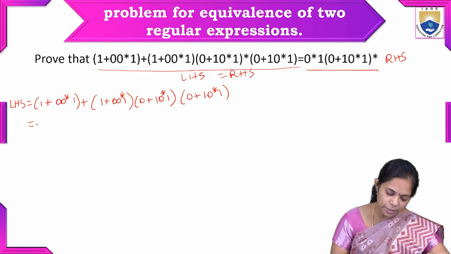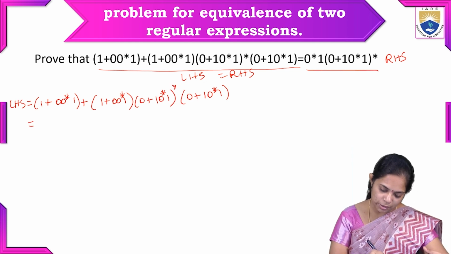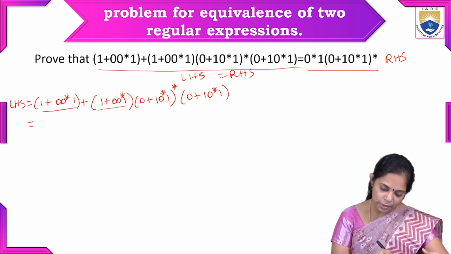So there is a common thing. What is the common thing? Here 1 plus 00 whole star is there, and here also 1 plus 00 whole star. So we will take out this common thing, 1 plus 00 whole star, from this equation.